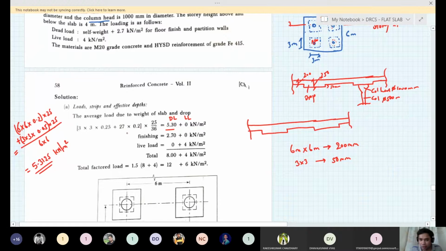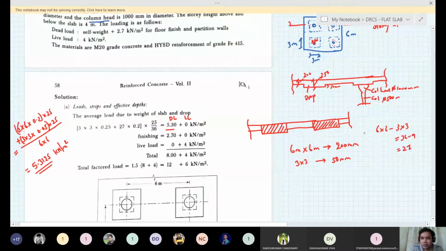See what they have done, 3 by 3 full 250 mm thickness they have taken, so they have taken this area as full area. Then the remaining area, out of 6 by 6 plan area, the 3 by 3 is deducted. So the remaining is 36 minus 9, that is 27.